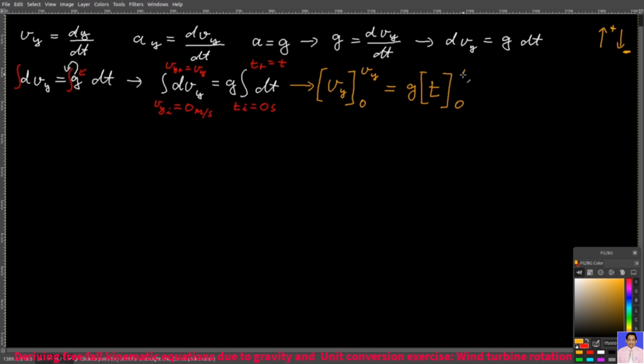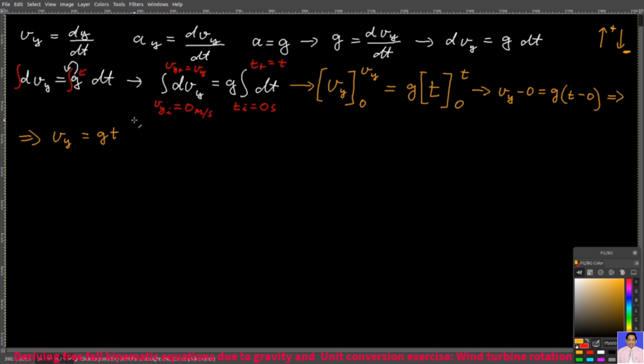These are the integral boundaries. And so on the left side, you will have vy minus 0, and on the other side you will have g t minus 0, and so your final answer will be vy equals g times t. That's the velocity function in the y direction.